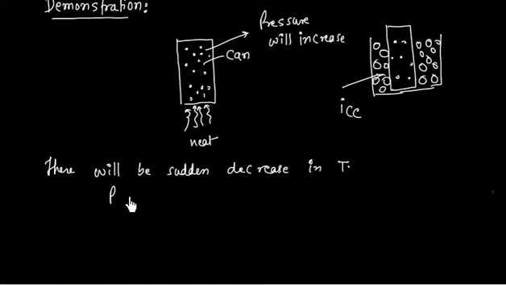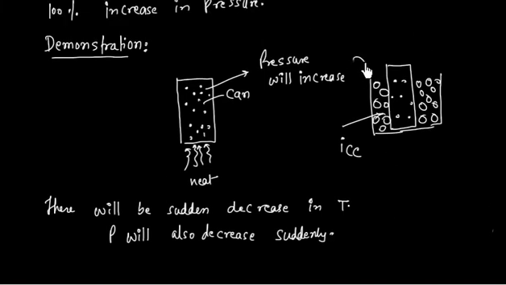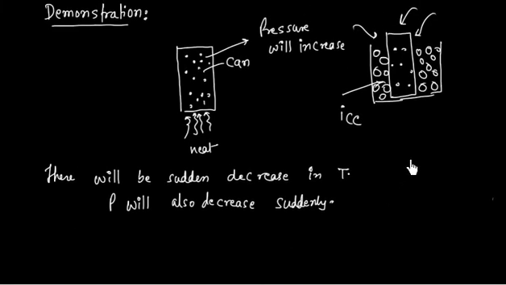So pressure will also decrease suddenly. Now if pressure decreases, outside air will try to push the can, so the can will basically get damaged. So the can will change its shape. Initially it is something like this.